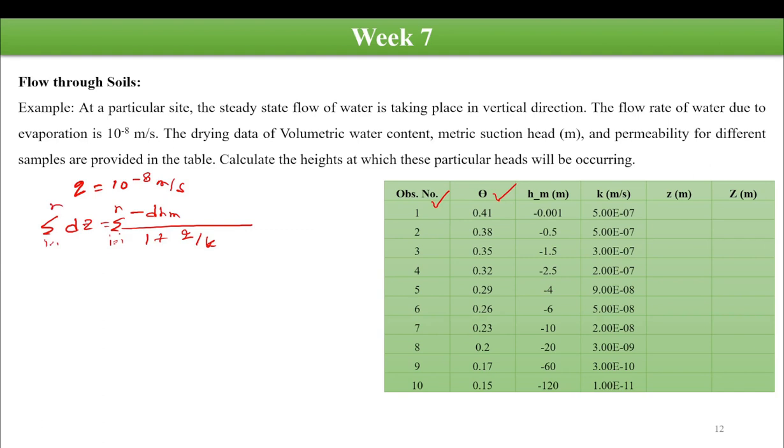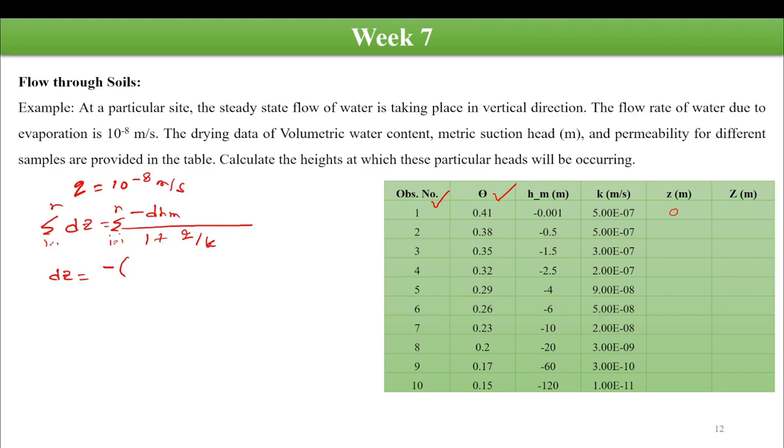So the first step we can understand here is that for the first one we can write the depth is zero. That's it, taking it as the reference depth. Then if we go further to the second step, we will calculate the dz, or the small z, which will be equal to minus dhm, that is the change in head. What is the change in head?